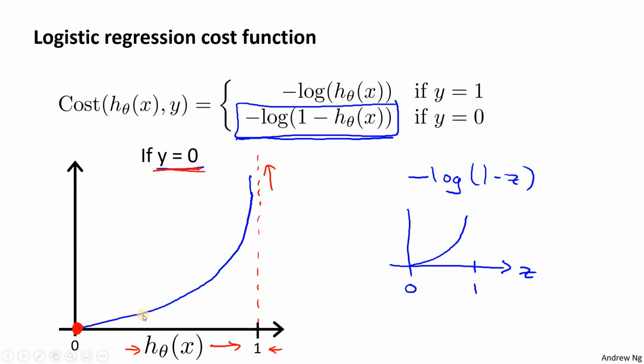But as the h value goes higher and higher, closer to 1, your error will shoot. It will become too high. So overall our cost function has got two parts, minus log of h and minus log of 1 minus h, for two different values of y.